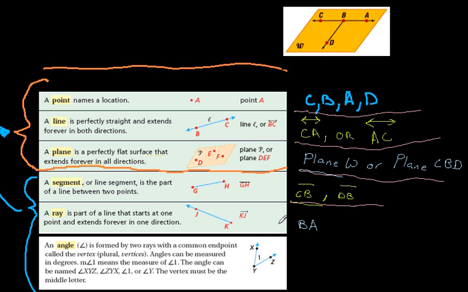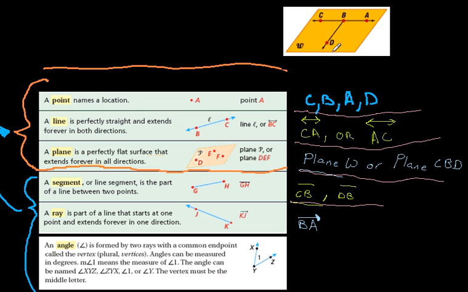And what do you use as a symbol to indicate that this is a ray? Just throw a ray symbol right over top there with the little arrow. That'll let you know, hey, ray BA is a ray.